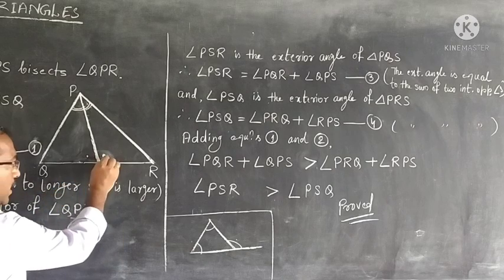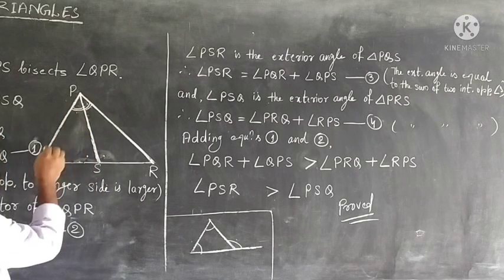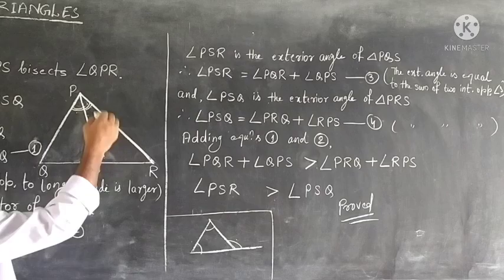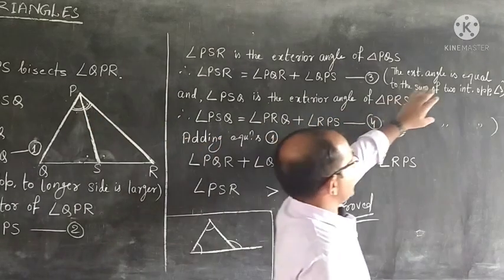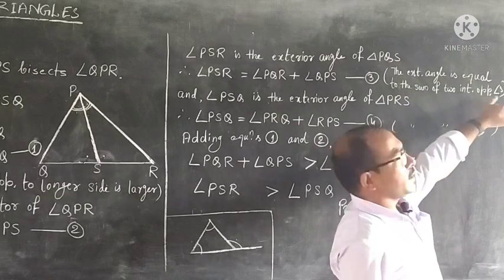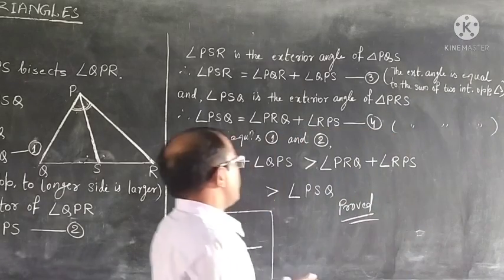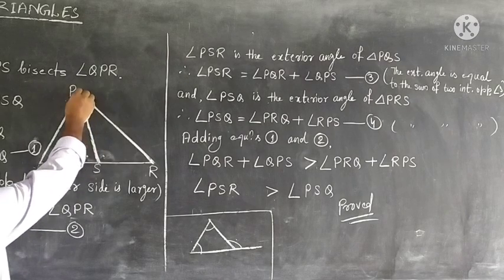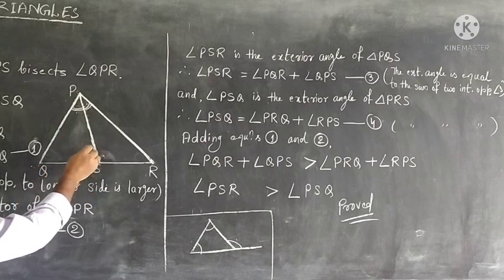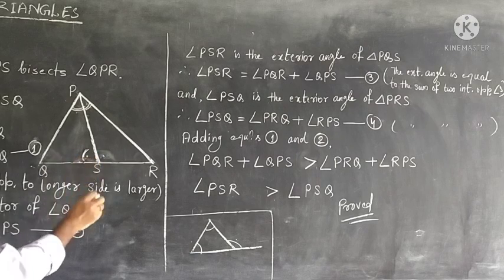We write equation 3. The reason we write in the bracket: the exterior angle is equal to the sum of two interior opposite angles.